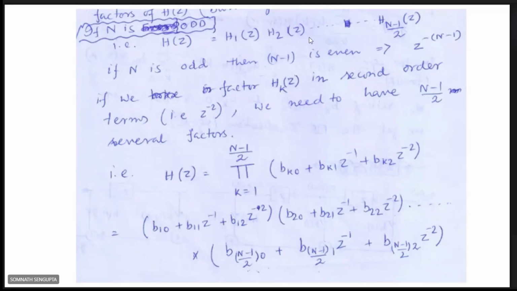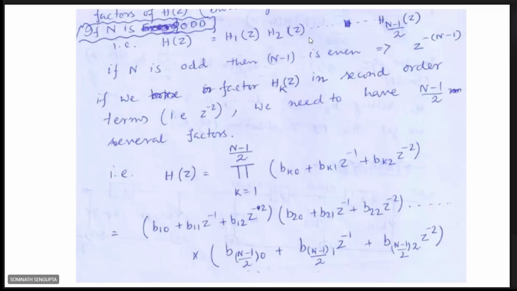That is a plus b whole square, so it is a square plus 2ab plus b square. So it can be written as a plus b whole square. That means 1 plus z inverse whole square, that means 1 plus z inverse into 1 plus z inverse.